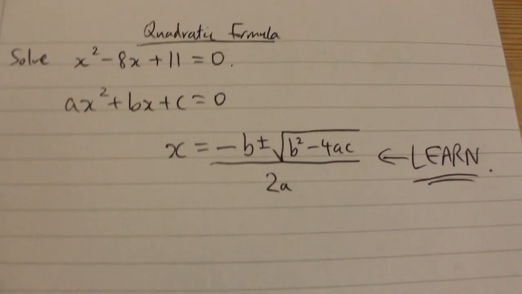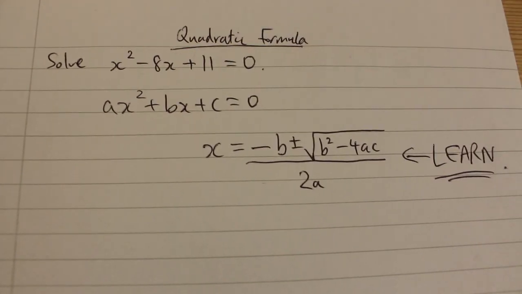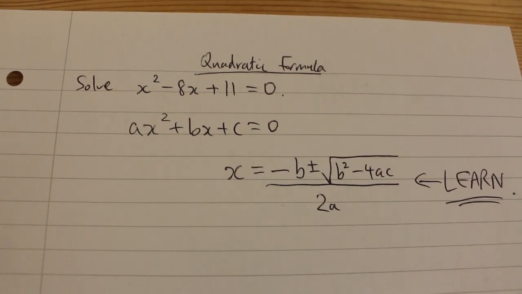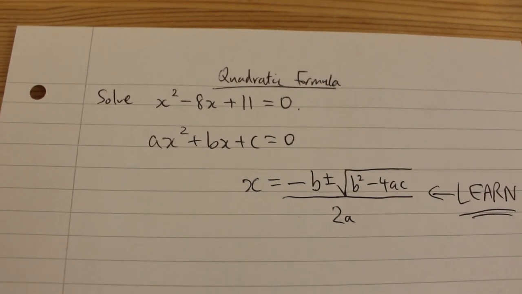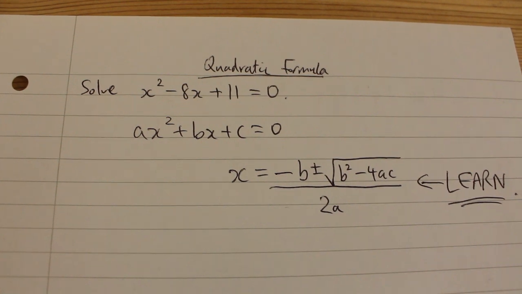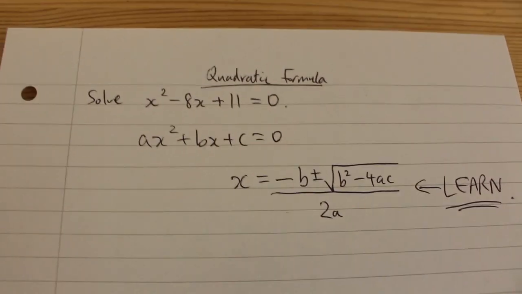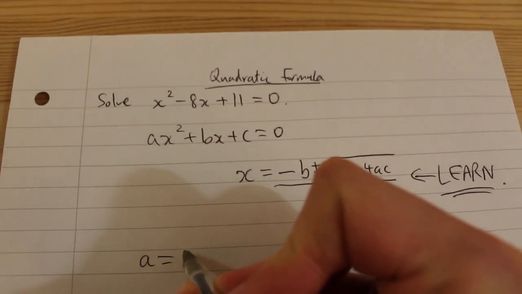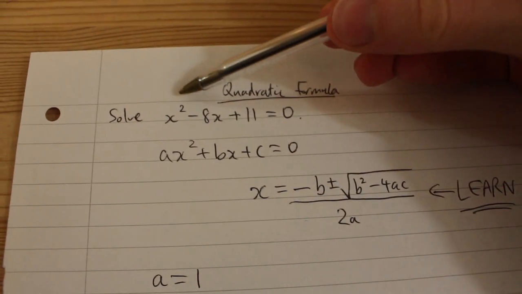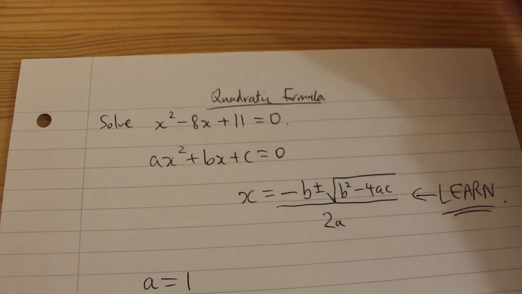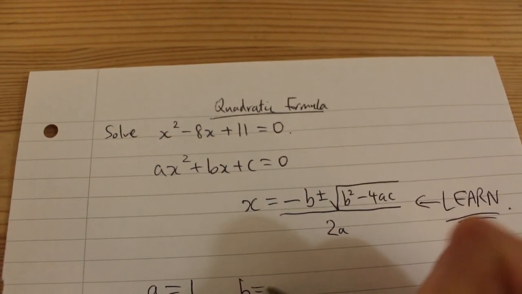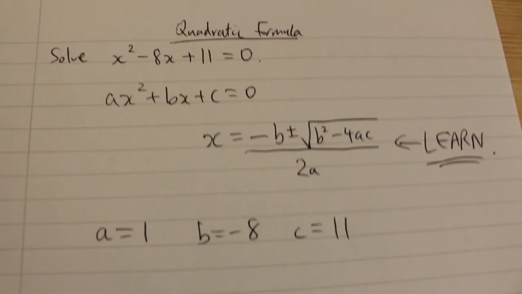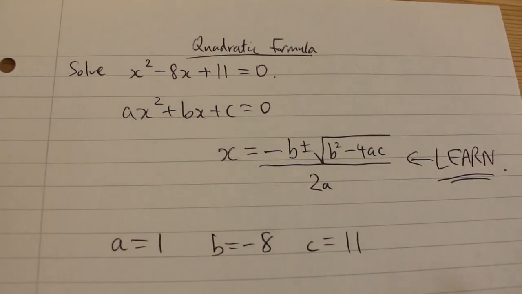Okay, so then how are we going to use this formula to solve this equation? Well, if we compare ax squared plus bx plus c with x squared minus 8x plus 11, we can see that a is 1 because we have 1x squared, b is going to be minus 8 because we have minus 8x, and c is the number term at the end, which is 11.